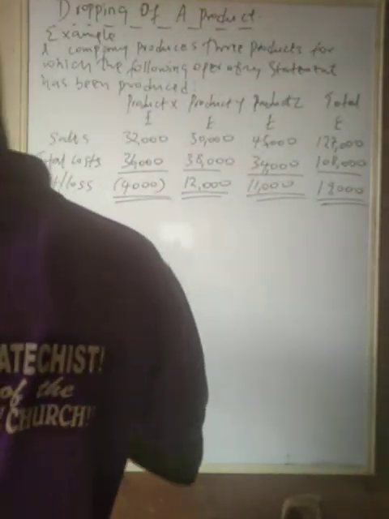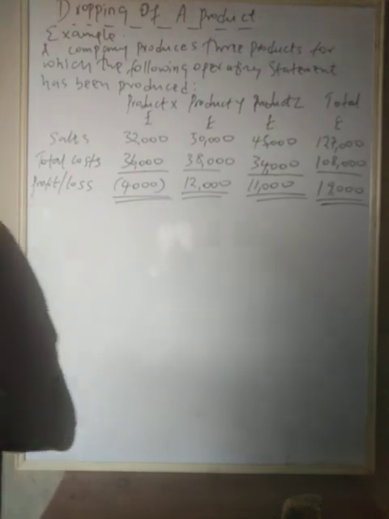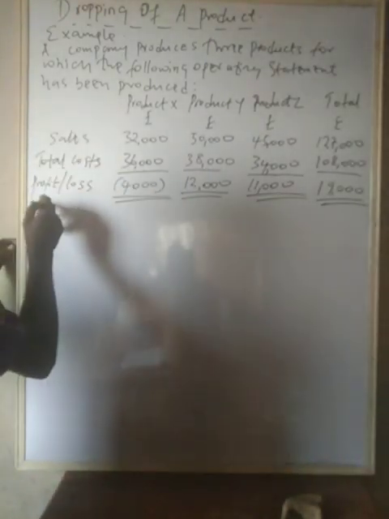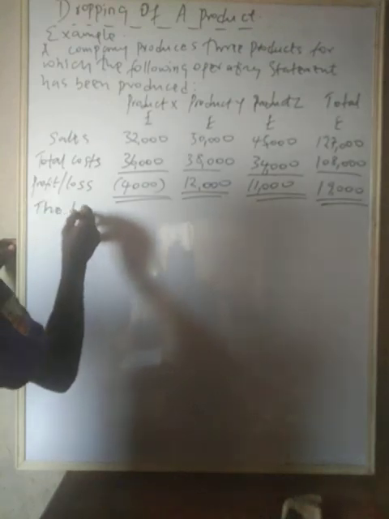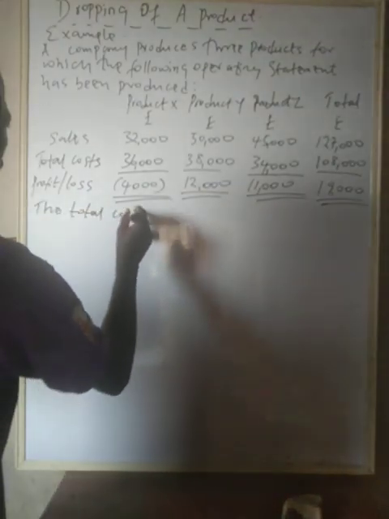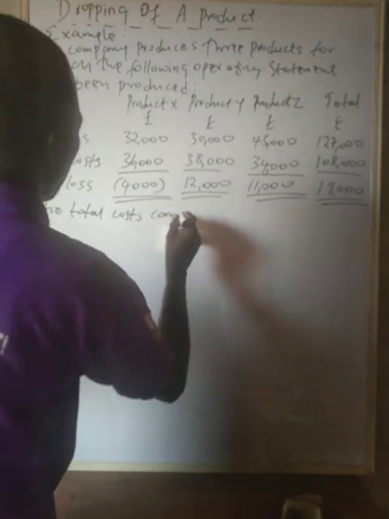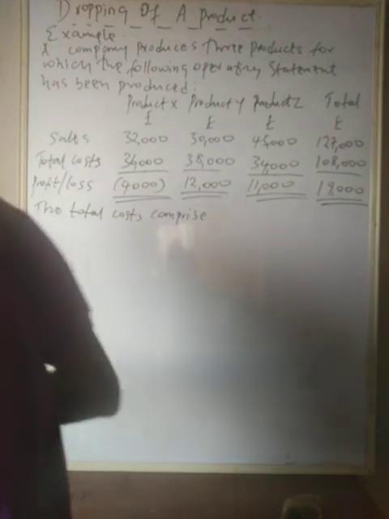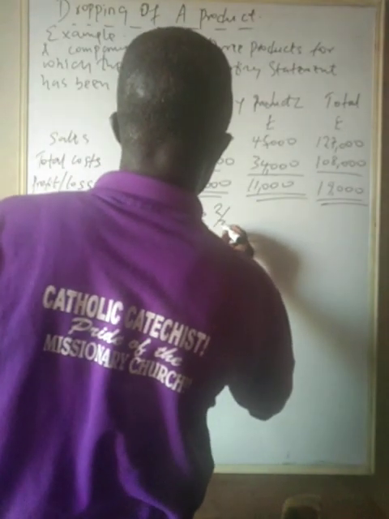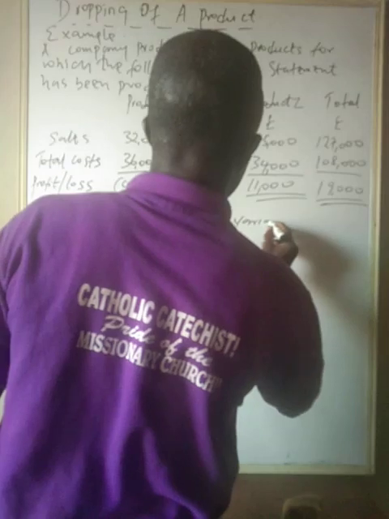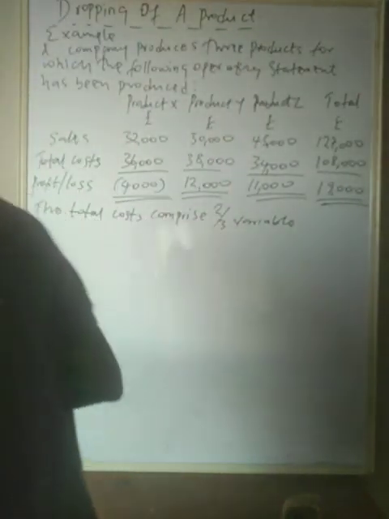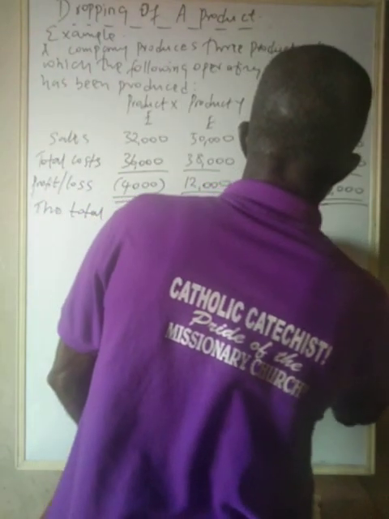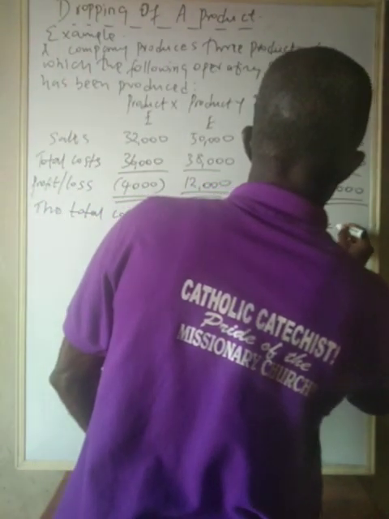Do you see? The total cost comprises 2/3 variable and 1/3 fixed.